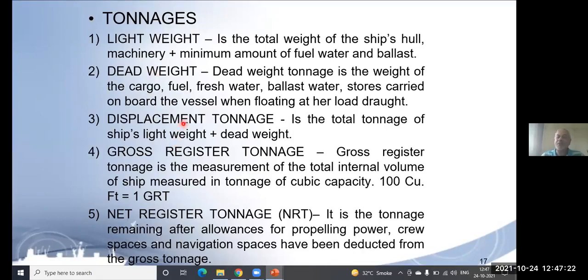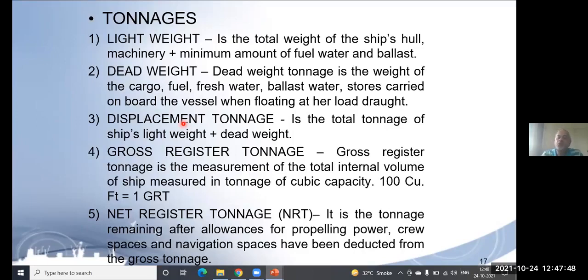Okay, displacement. And why is this word displacement used for a ship? So let us come back to your motorcycle story. One is the brand new motorcycle taken from the showroom, the weight of that. Then the added weight with cargo, water, fuel, stores is the added weight.